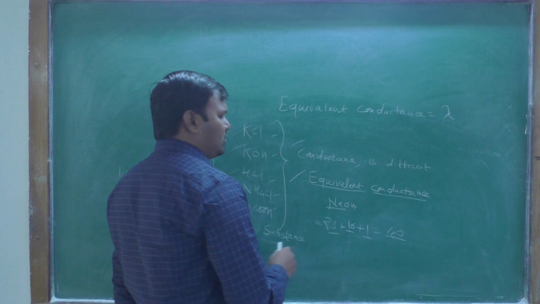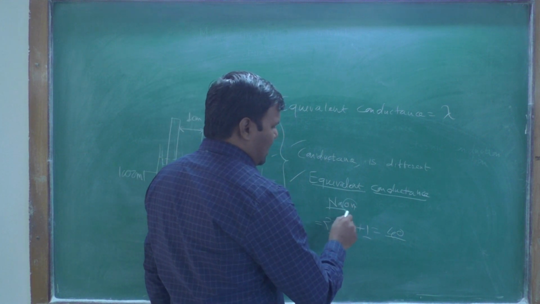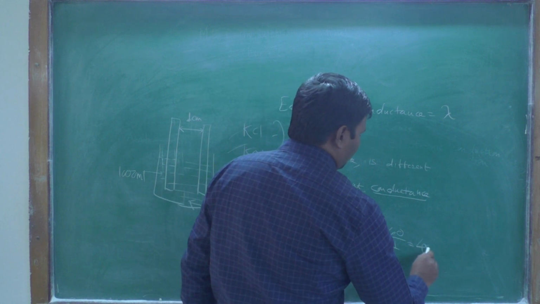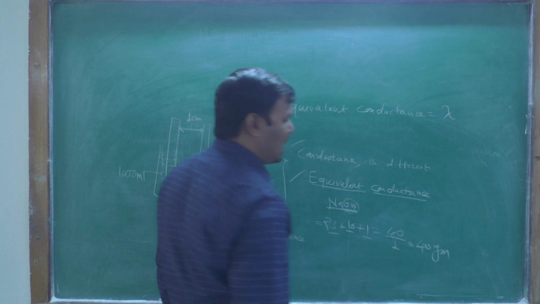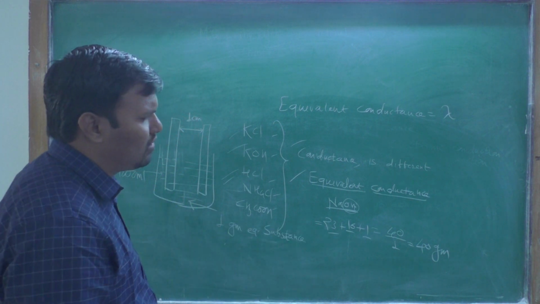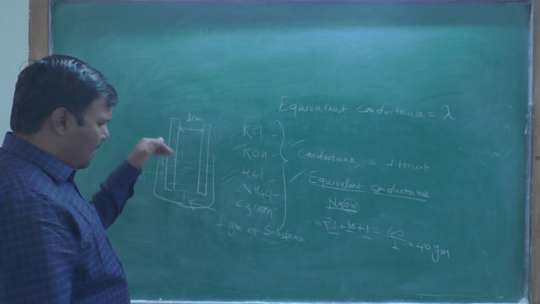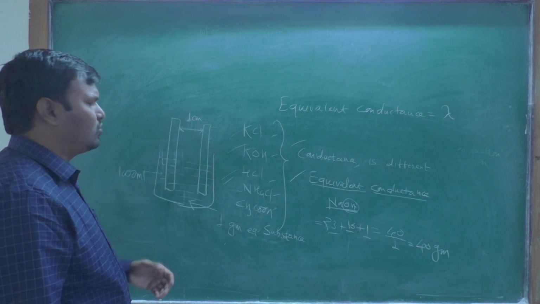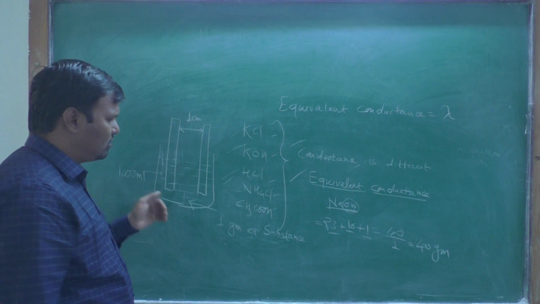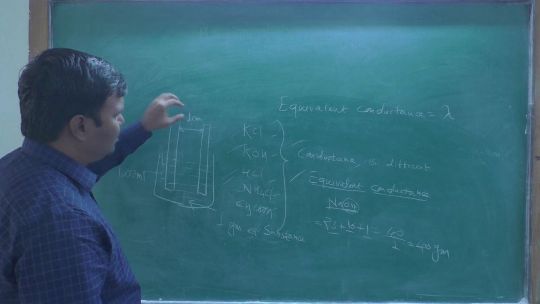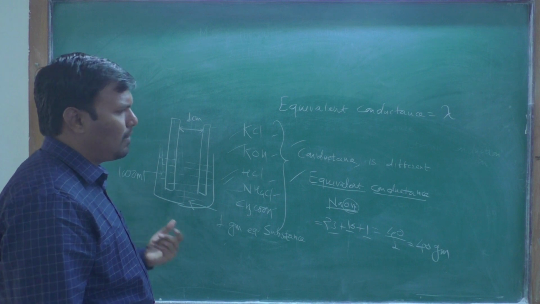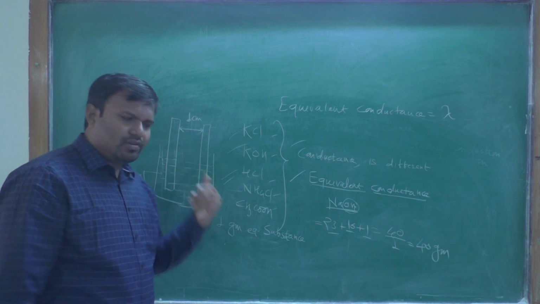For NaOH, the acidity, the number of OH, is 1, therefore its equivalent weight is 40 gram. We dissolve 40 gram NaOH in water, put it inside the cell and measure its conductance, and that is the equivalent conductance.